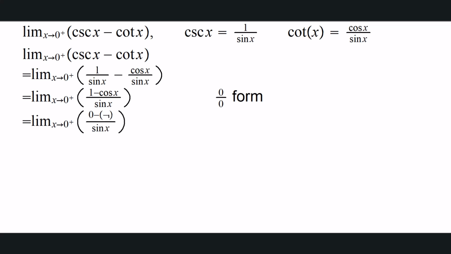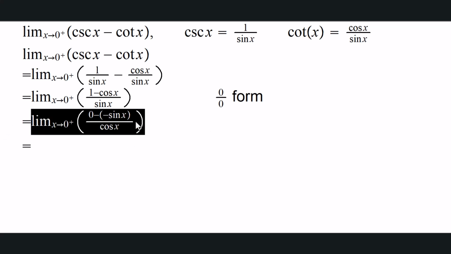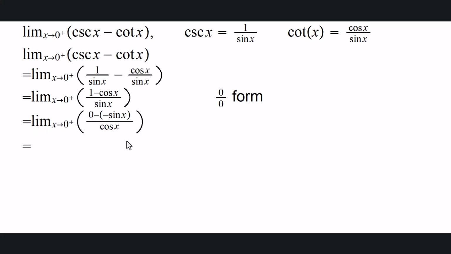That's negative sine x, sorry, and that of the denominator is cosine x. So what we got now is the limit as x goes to 0 of sine x over cosine x, and the numerator is 0 and the denominator is 1, so the limit will be 0, as suggested by the graph.